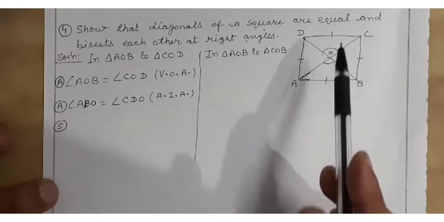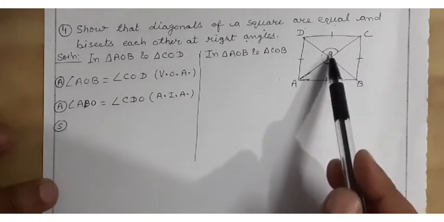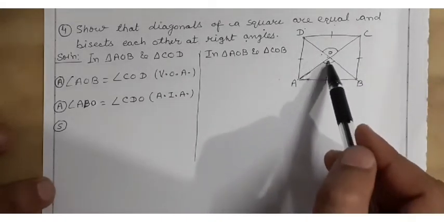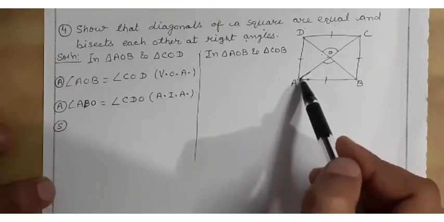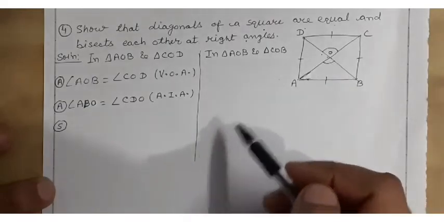First of all, I am taking triangle AOB and triangle COD. In this one, this is a vertically opposite angle. Angle AOB equal to angle COD.